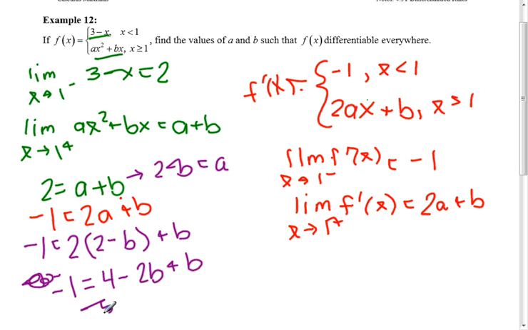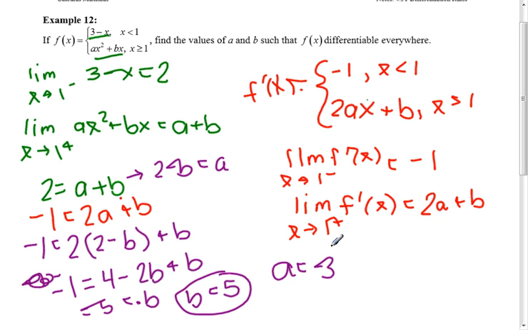Negative 5 equals negative b, so b equals 5. There's one value. Now we just have to go back and plug that in. 2 minus 5 is negative 3. So there are our two values.